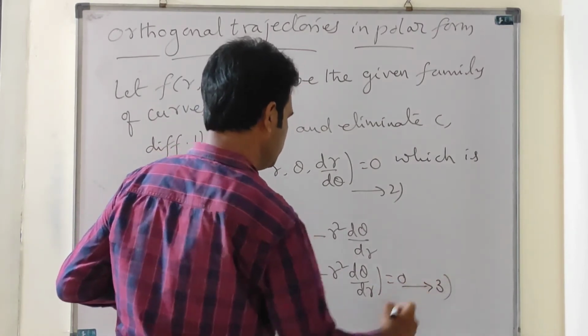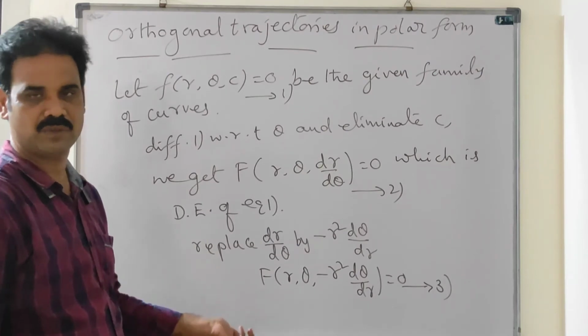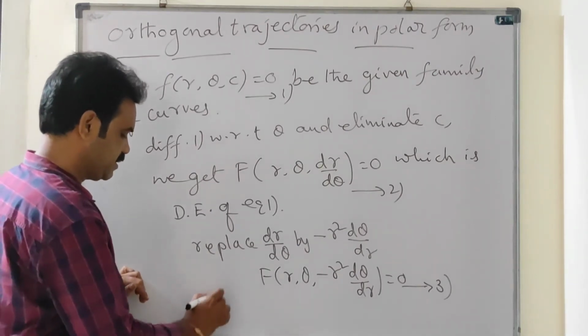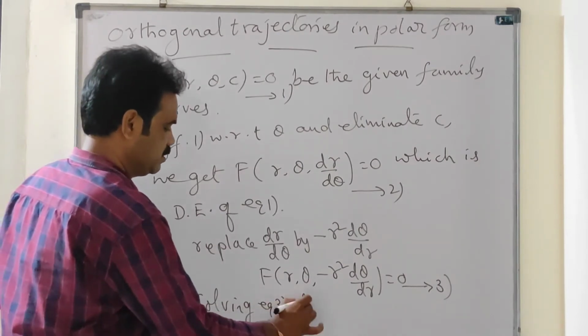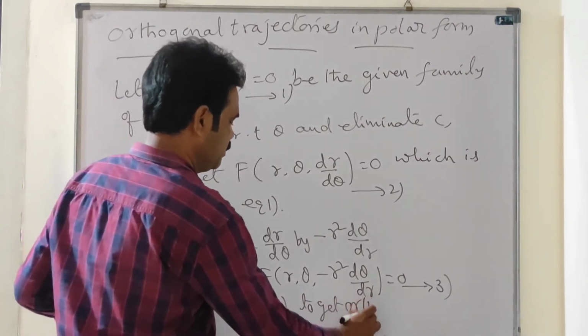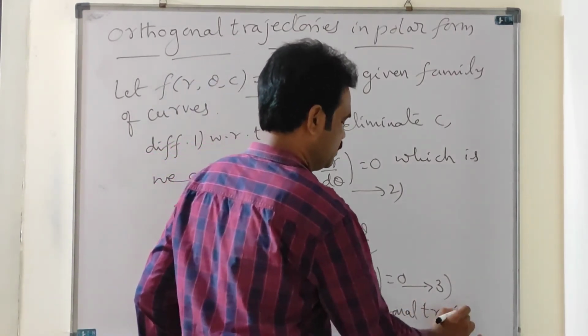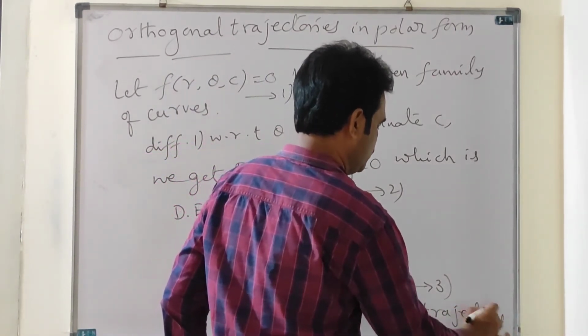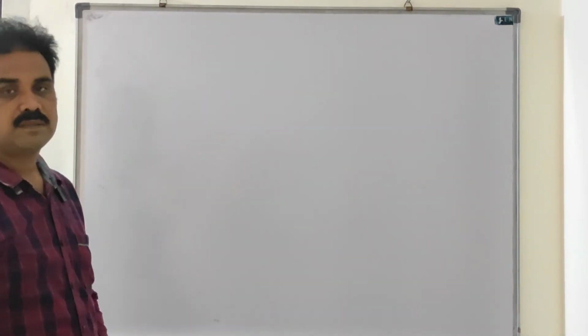Let it be equation 3, which is differential equation of orthogonal trajectories. If we solve this, we get orthogonal trajectories. Okay, solving equation 3 to get orthogonal trajectories of 1.